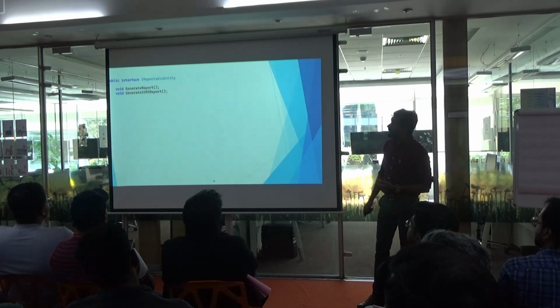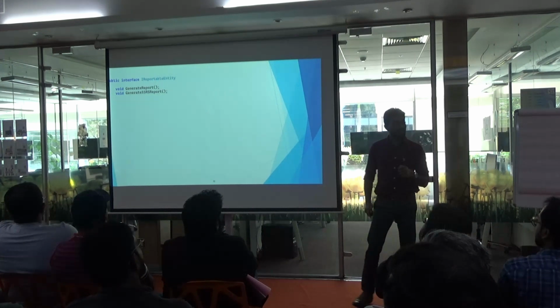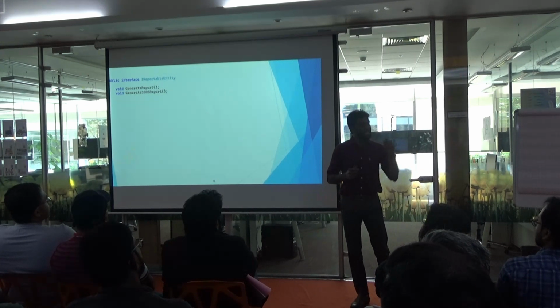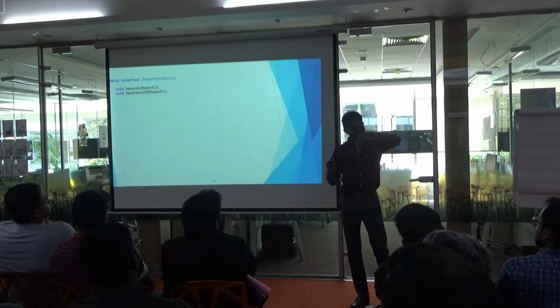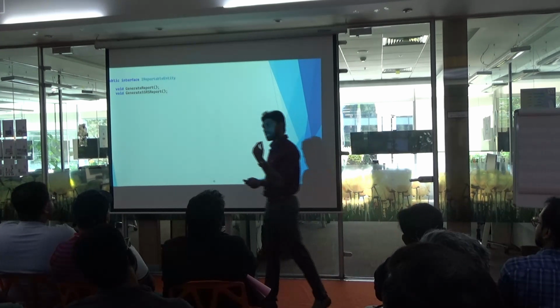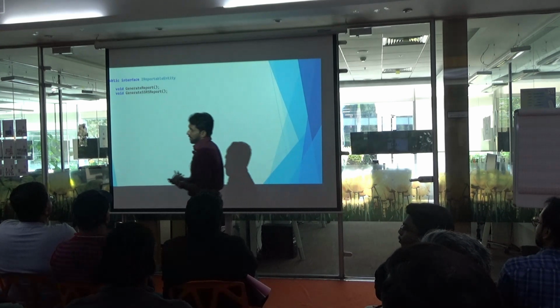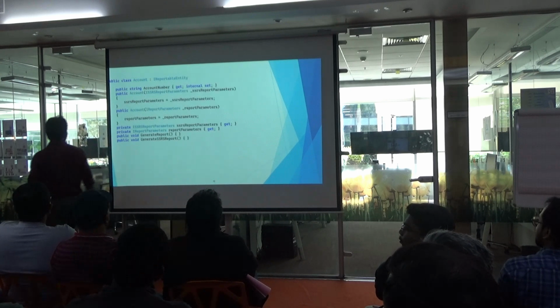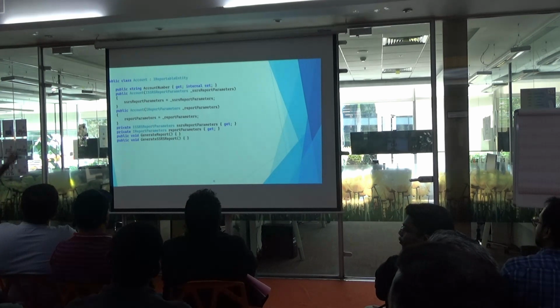So what I'm trying to create is, I'm trying to encapsulate the type of report each entity is going to generate at the constructor level. So when I encapsulate that information at the constructor level, what will happen is, you see this, the account class, I'm replacing the account class.